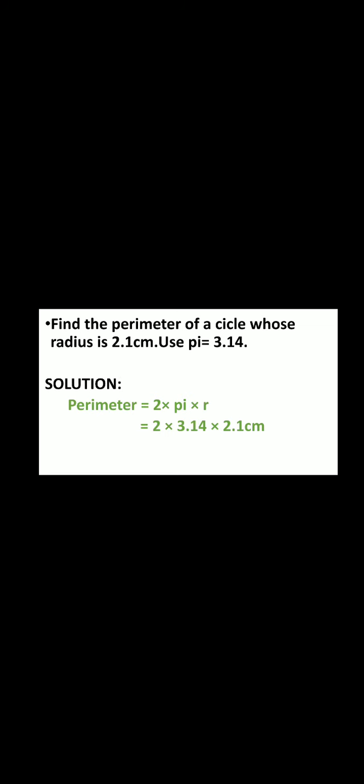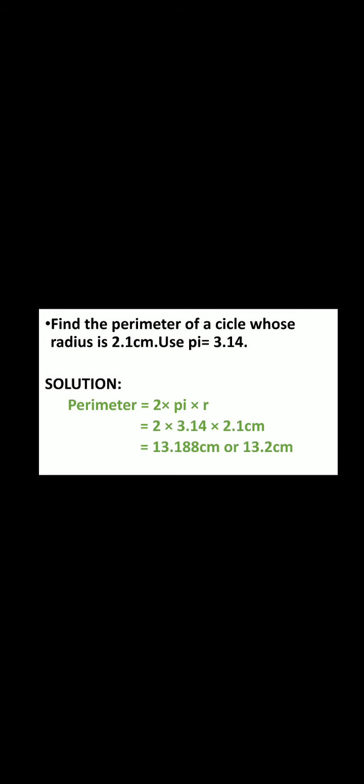When you multiply the three together, you get your final answer to be 13.188 centimeters. When you approximate to 1 decimal place, you get 13.2 centimeters. That's the second example.